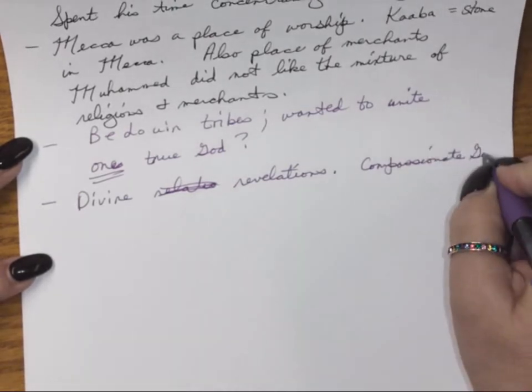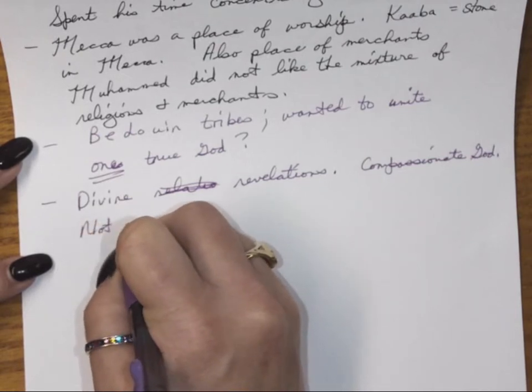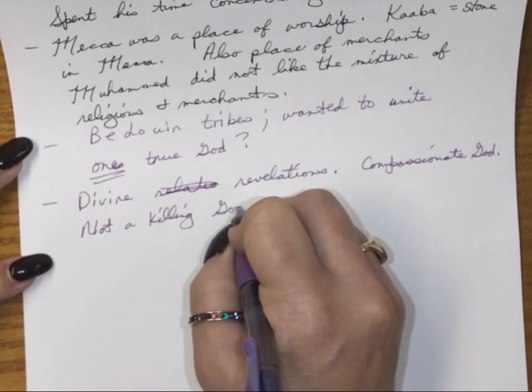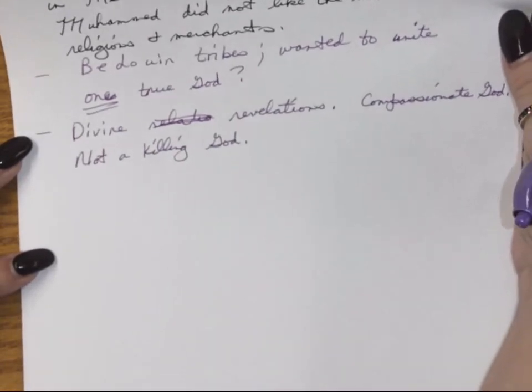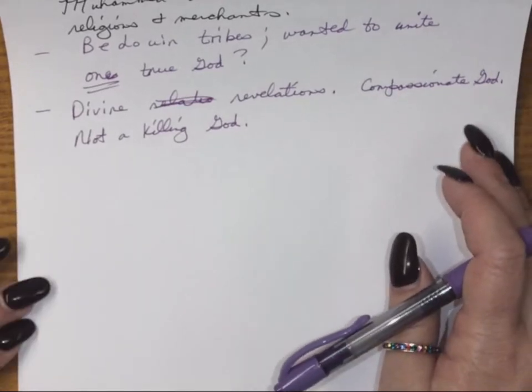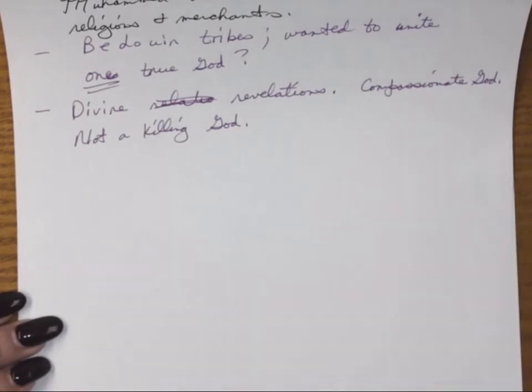So he didn't like the way people were treating each other. He was not a killing God, as some people portrayed him to be, and instead that they should have mercy. And so he wanted to share these beliefs with his friends and with the different people.